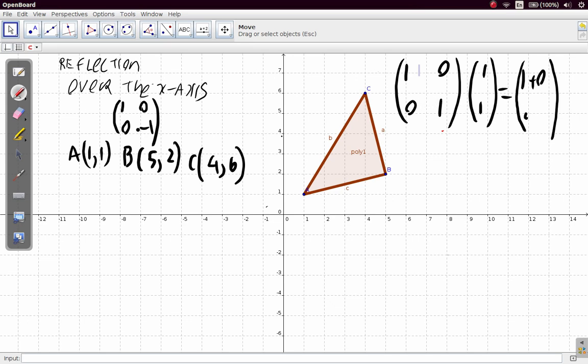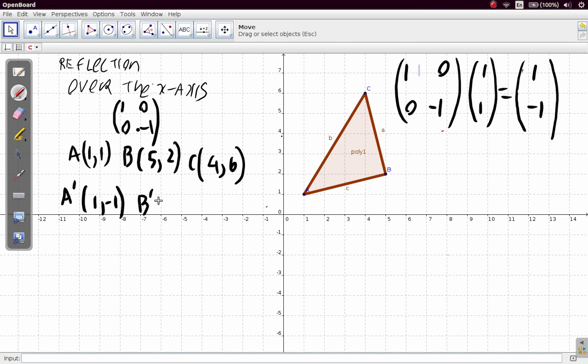Then 0 by 1 is 0 plus negative 1 by 1 is negative 1. So what we get amounts to 1 plus 0, which is 1, and 0 plus negative 1, which is negative 1. So we have 1, negative 1 as our new point. So A prime will be 1, negative 1.